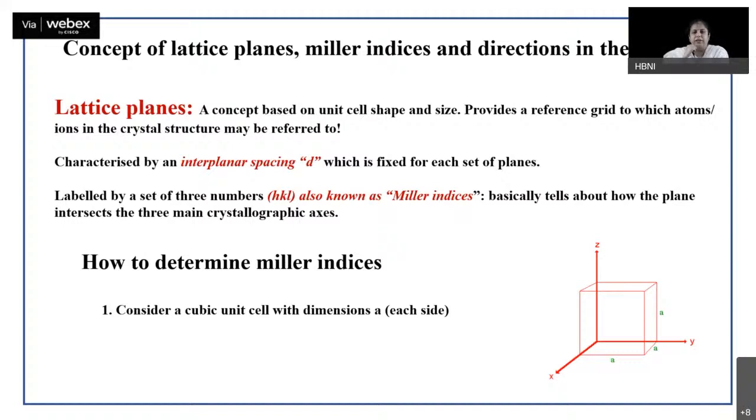How do we determine Miller indices? Most of you would have done it, but just for the sake of completion, let me go through it. You consider a cube, as shown on the right-hand side, with cell dimension a. Since it is a cube, it is a, a, and a, so along the three axes the lattice parameter is the same.